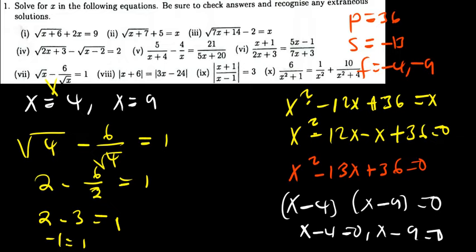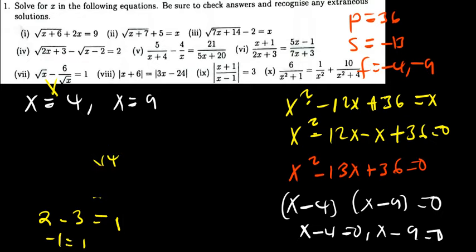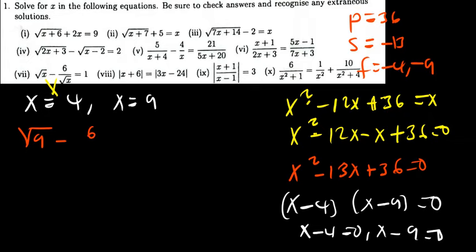Let's try 9. The square root of 9 minus 6 over the square root of 9 is equal to 1. So this will be 3 minus 6 over 3, the square root of 9 is 3, is equal to 1.